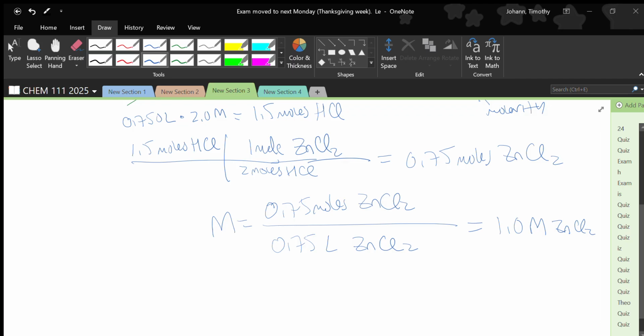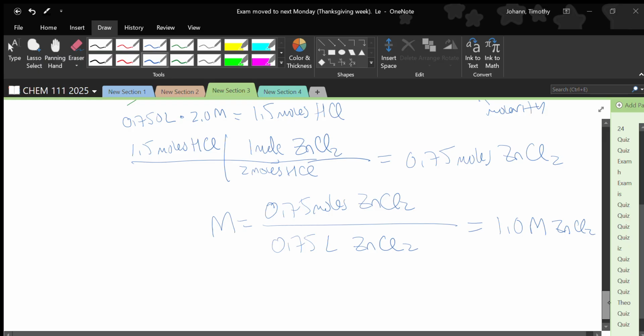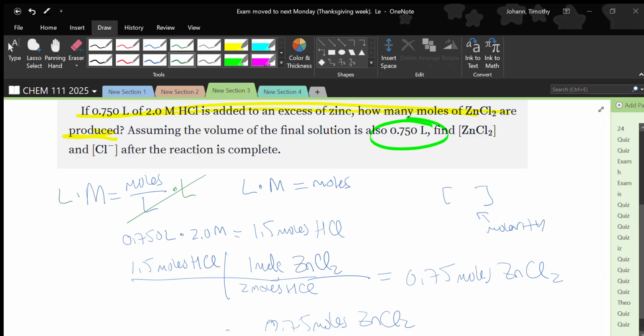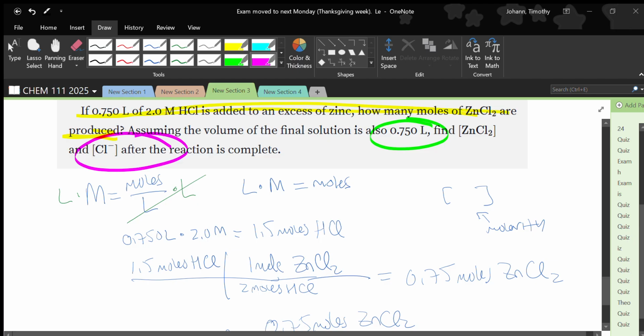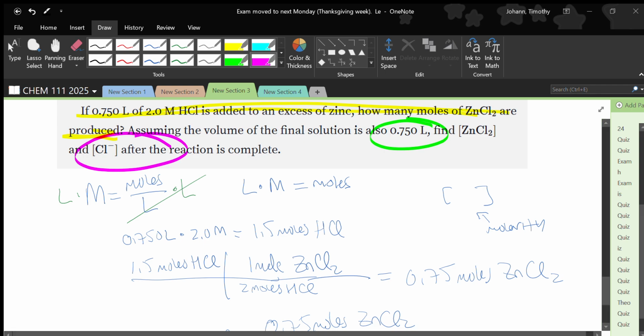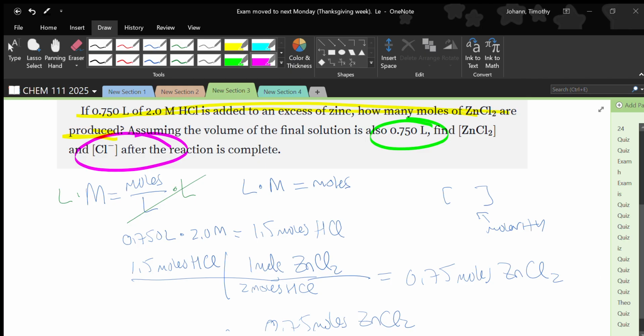Now let's add that last little bit. It asks, what's the molarity of zinc or chloride ions? That's weird. I've got this zinc chloride. Why is it asking for molarity of chloride ions? Back a couple weeks, if I have something that's aqueous and it's an ionic compound, meaning we have a metal and a non-metal, zinc's a metal, chloride's a non-metal, what happens to it in solution?